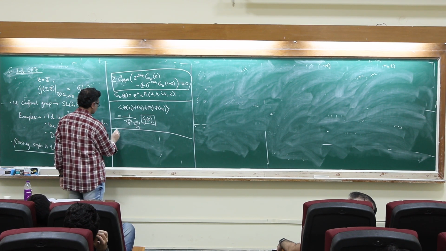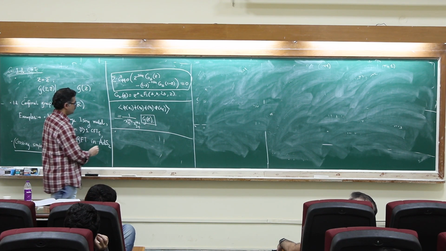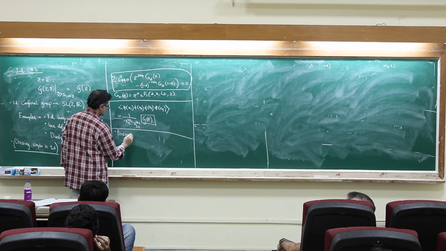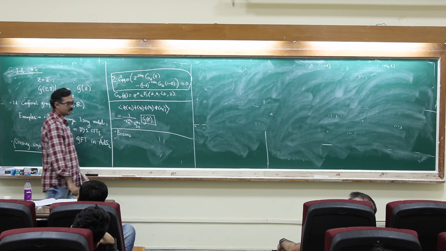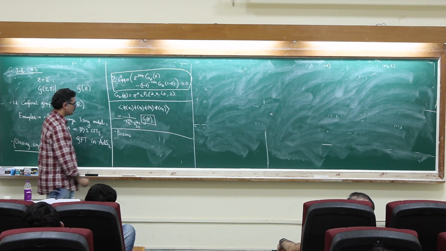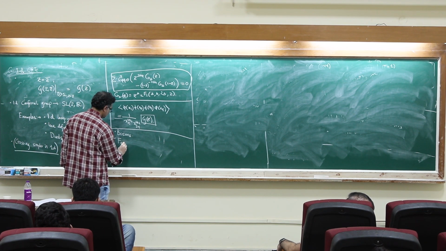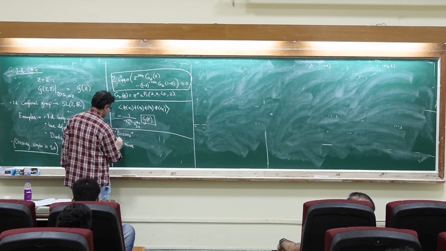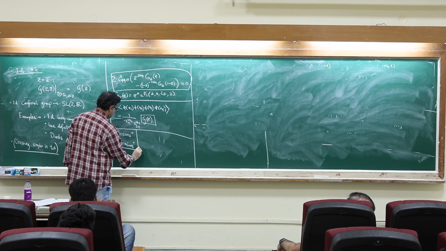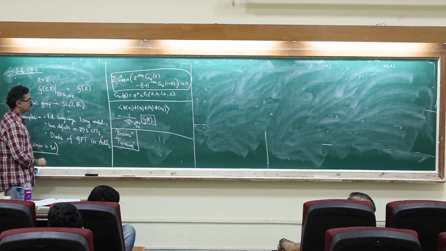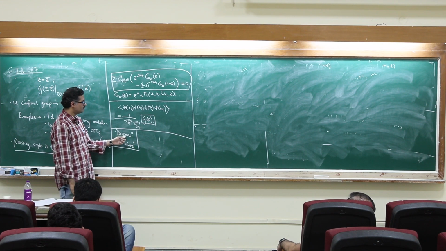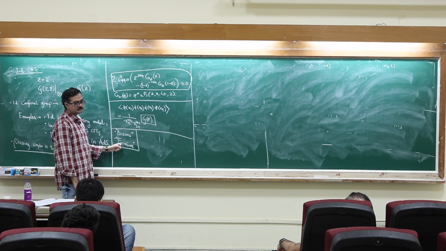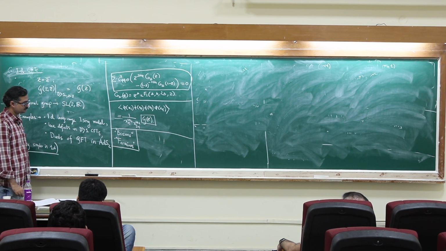If you don't get a sign factor, the operators will be referred to as bosons, and if you get a minus sign when you swap two operators, these will be referred to as fermions. And it turns out that there is a different dispersion relation which applies in the bosonic case, and a different dispersion relation which applies in the fermionic case.